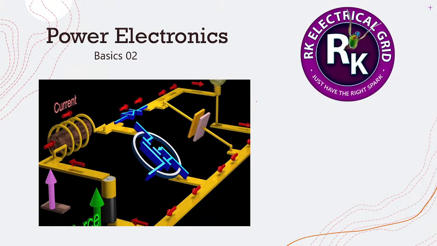In the last class, we discussed the basics of semiconductor devices, and how BJT, IGBT and MOSFET are discriminated from each other. So we saw the difference between them, and we also saw some of the properties of thyristors and diodes.